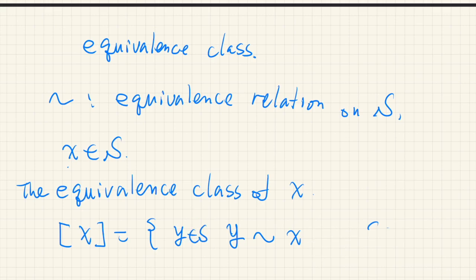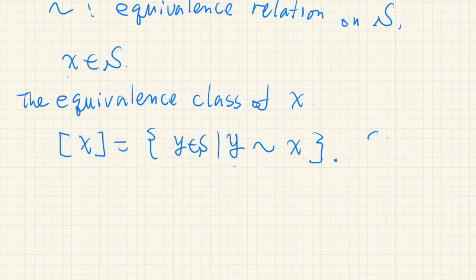So Y is an element of S such that Y is equivalent to X. So X bracket is a subset that contains all elements of S that are equivalent to X. This is called the equivalence class of X.